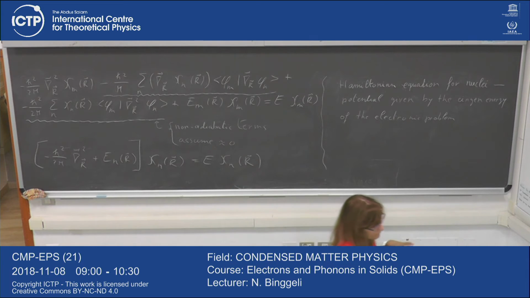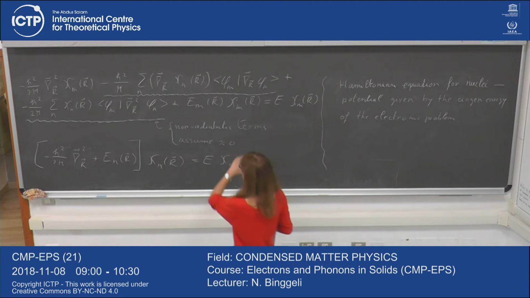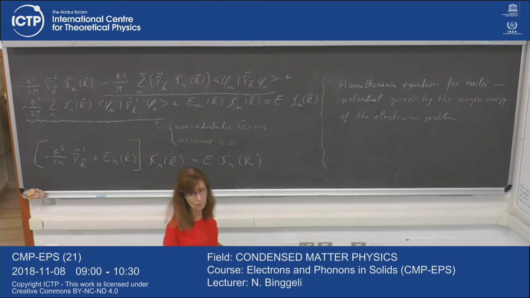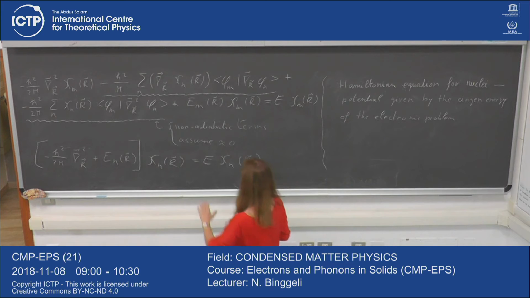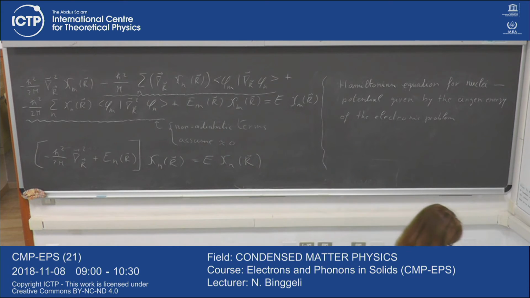The derivative, as you will see, will give something that is small when one divides by the mass of the nucleus, compared to other terms like this term in the Hamiltonian.